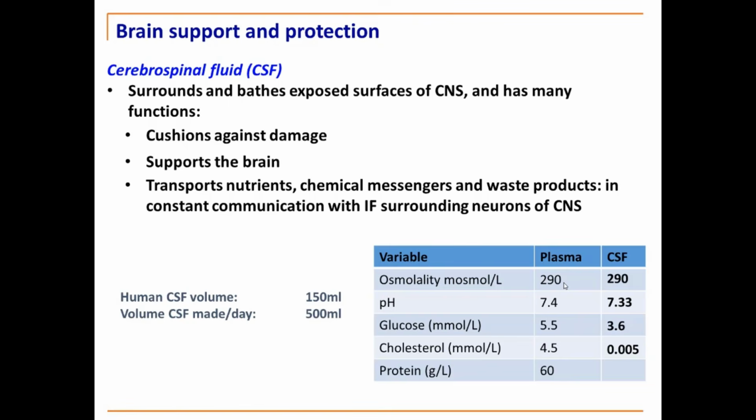Cholesterol is very much lower, and the protein is also very much lower. So you can see there are significant differences between plasma and CSF values. If someone has meningitis, you can take a CSF sample and measure glucose, for example, to help distinguish whether it's bacterial or viral, because the glucose levels are lower in bacterial meningitis as a rule than in viral meningitis.